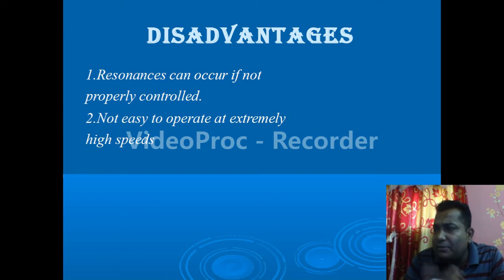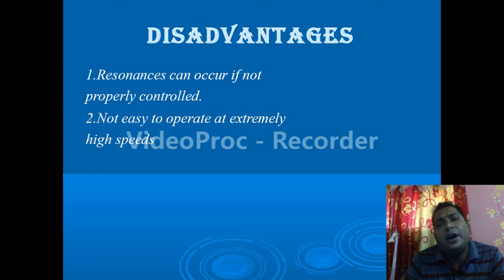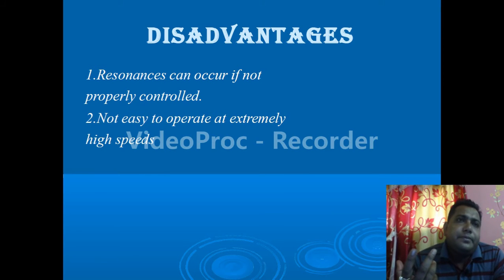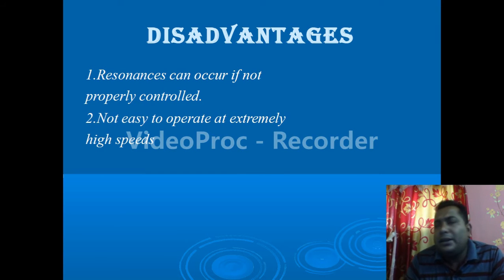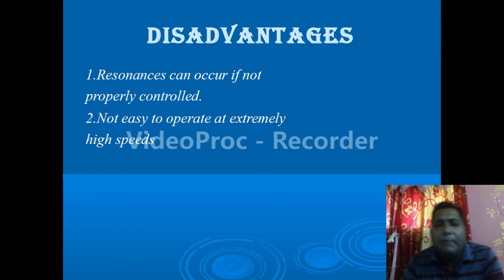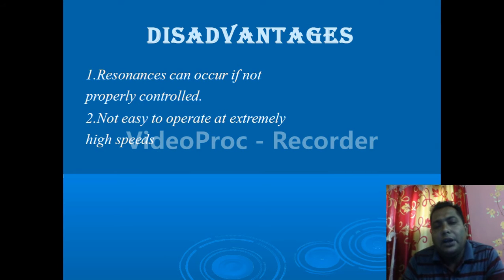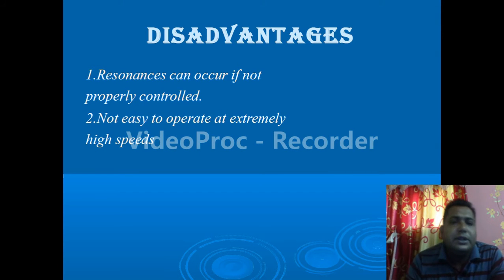Now we have some disadvantages. What are the disadvantages? Resonance can occur if not properly controlled. That means it will no longer generate any angle, but that is not expected from a stepper motor. If we don't look into the proper controlling of the stepper motor, it will go into the resonance condition.